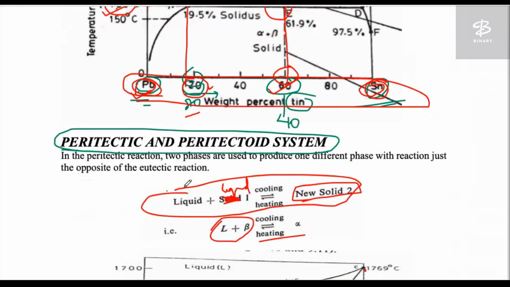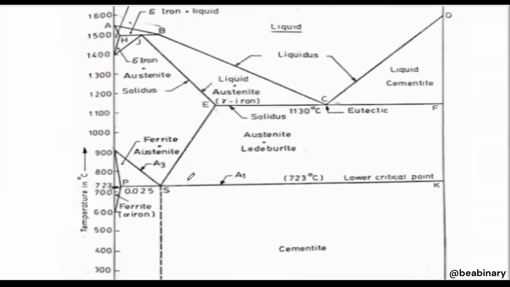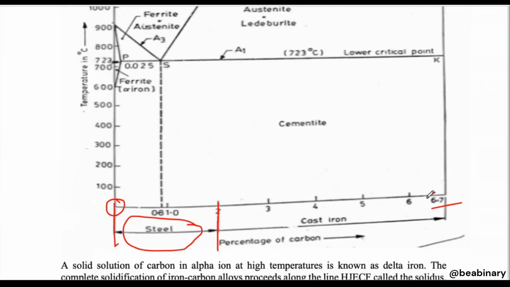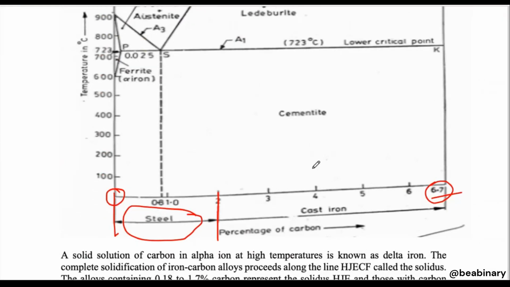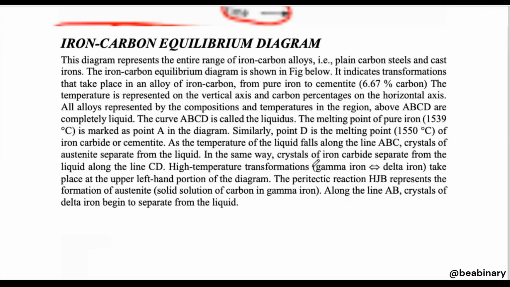But in the case of iron carbon, you can see that we do not have that much solubility. Only 6.7% carbon can be mixed. Keep in mind we will discuss this iron carbon phase diagram in detail in the next class.